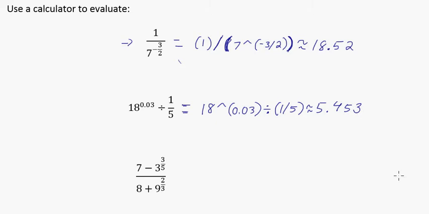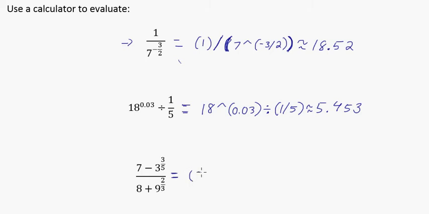Okay, this expression is exactly the reason why we insist that you wrap the numerator and the denominator in parentheses, because without wrapping them, the calculator will not calculate this correctly, and I'll show you what happens when you don't use the parentheses. So I'm going to wrap the numerator in parentheses.